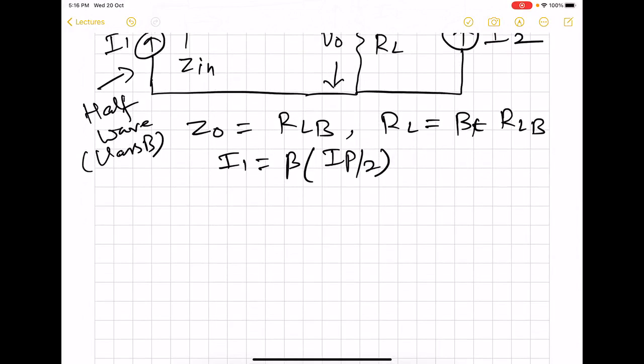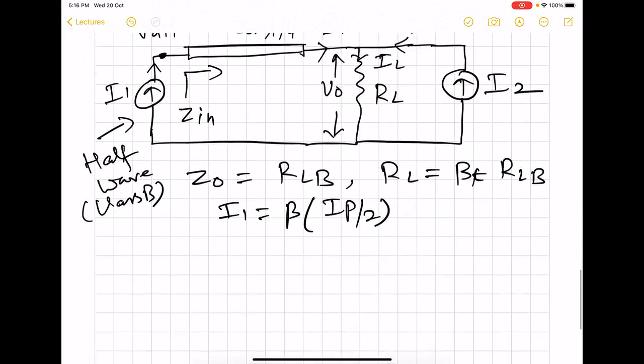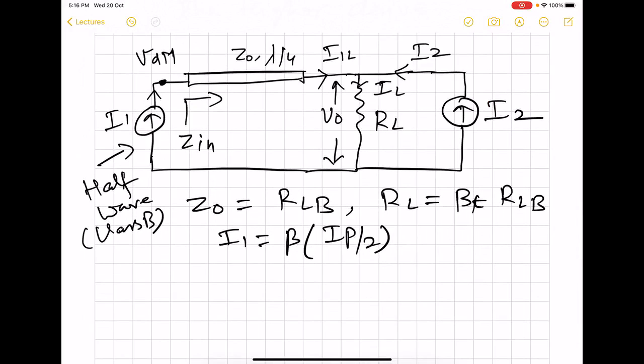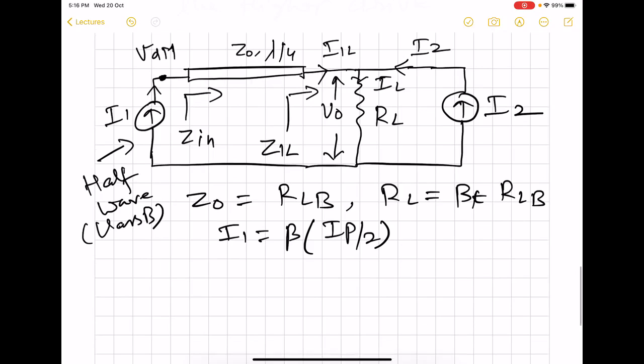So now we will proceed to find out what should be I2. And also, since the RL experiences current from both the main and auxiliary power amplifier, it will appear as a different load, and we will be calling it Z1L. So this is the load that will appear to I1 and the lambda by 4 line combined.